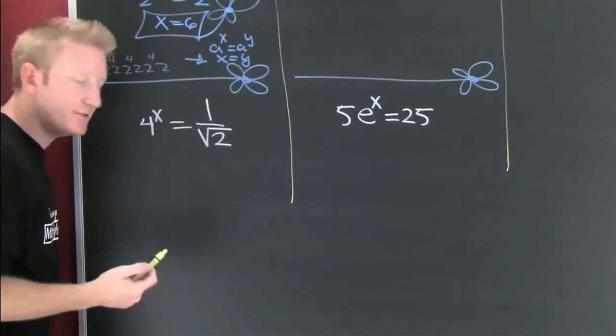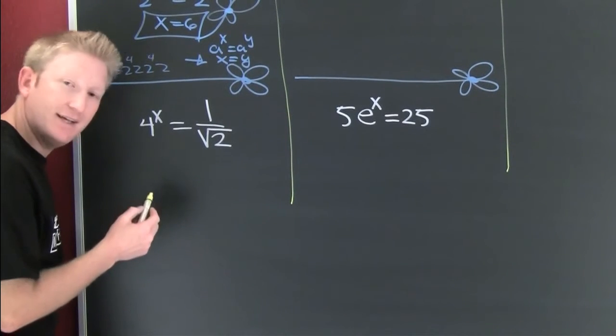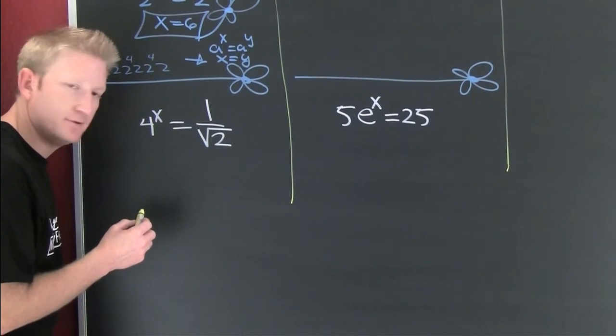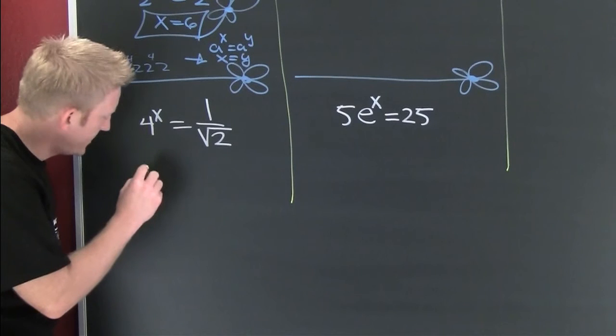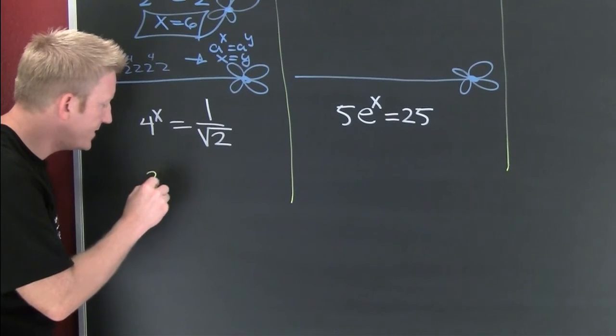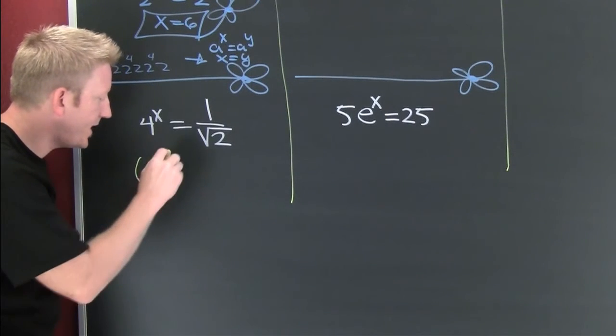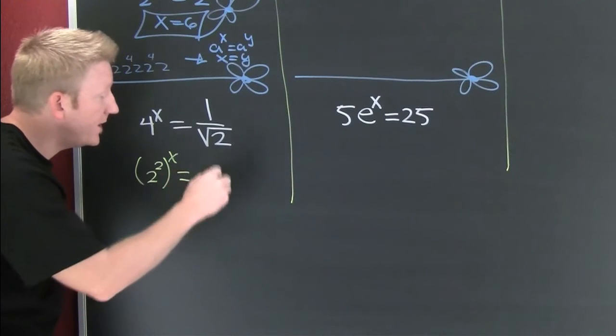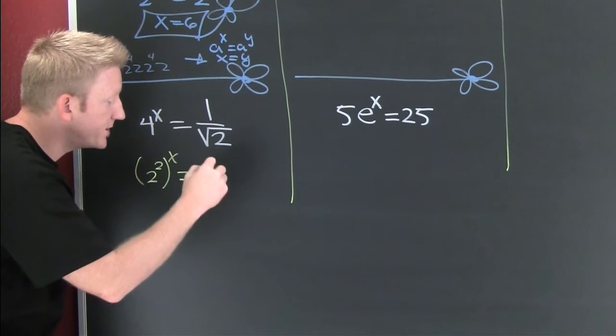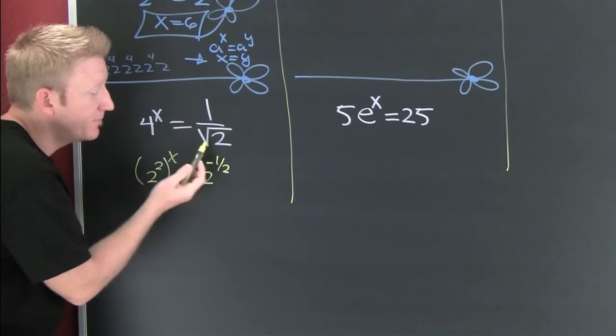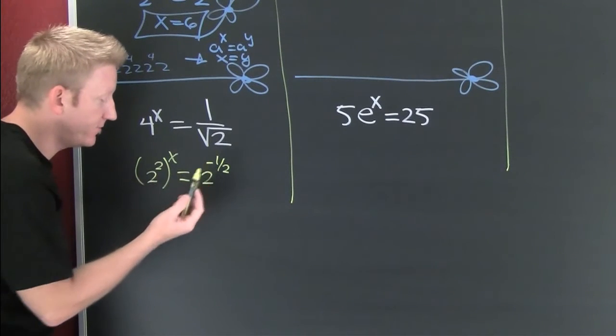I want to attempt to use exponents to get these guys to the same base. So then, this is 2 squared to the x. And that is 2 to the minus 1/2, because that is a rational exponent, and then the negative property.